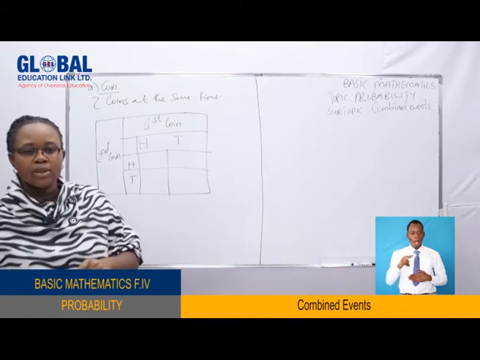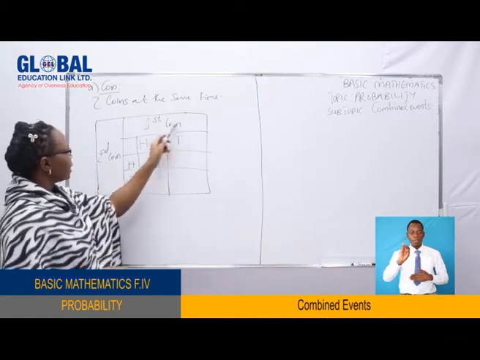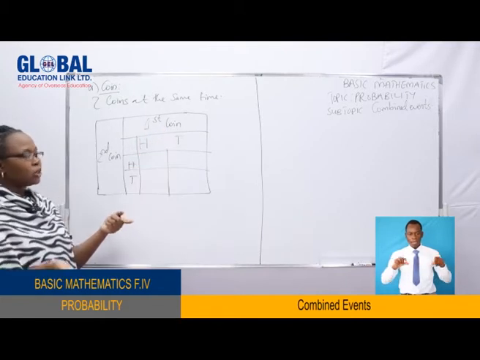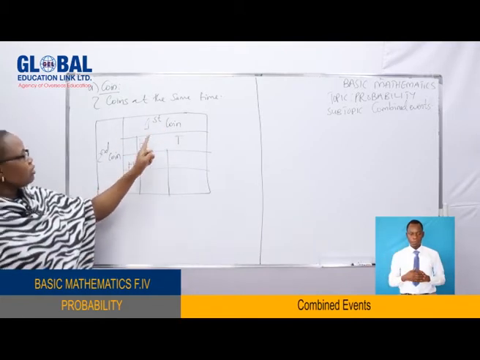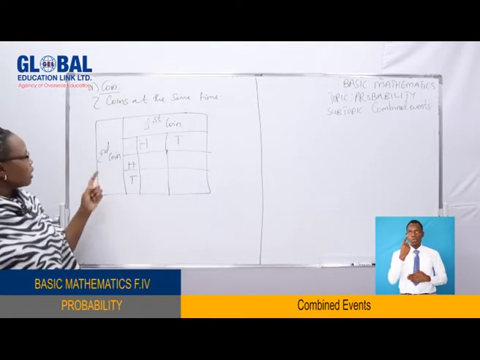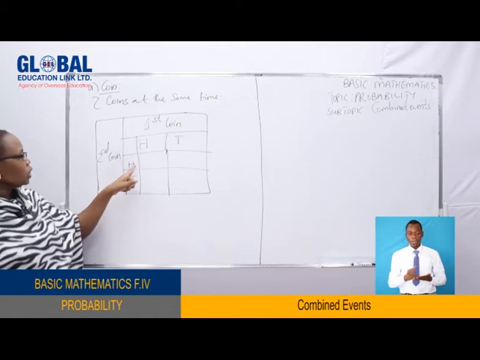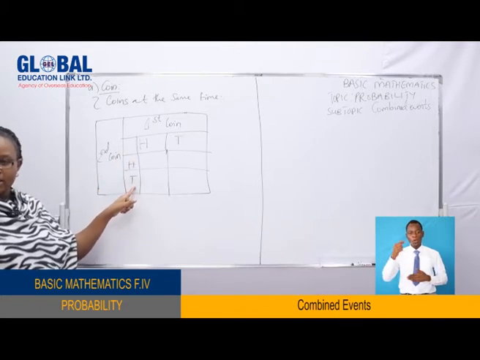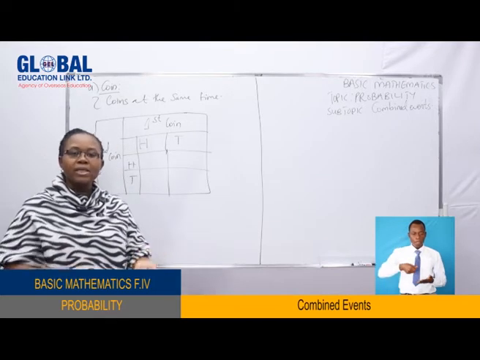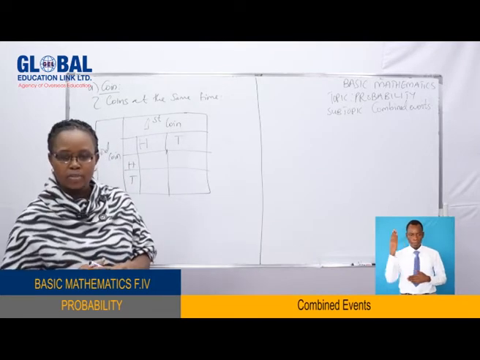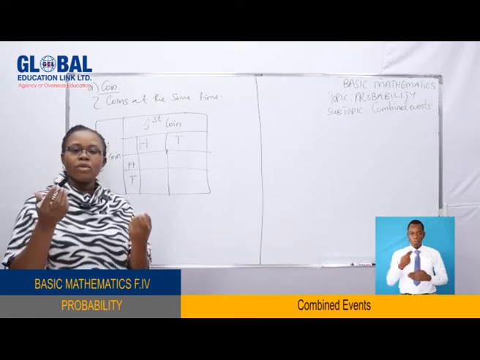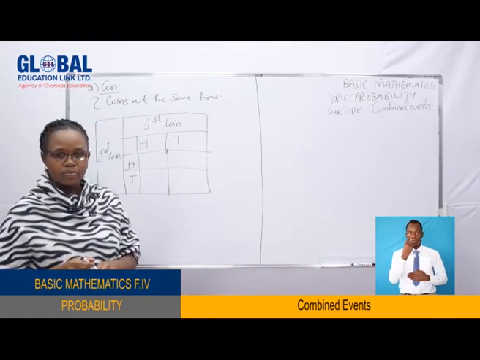My dear students, by looking at this table, after the first coin is tossed, you'll obtain head or tail. And when you toss the second coin, it will also show head or tail. So you have these two coins, then you toss them at the same time.